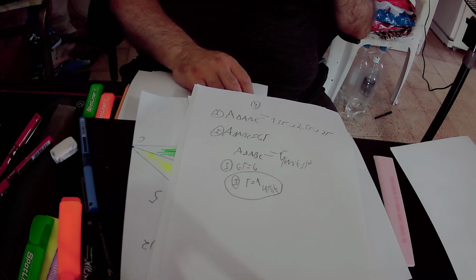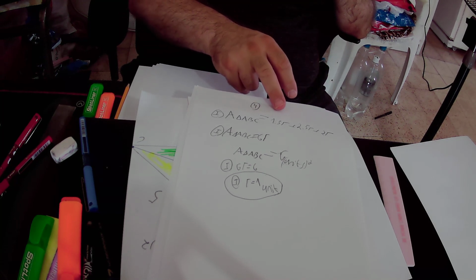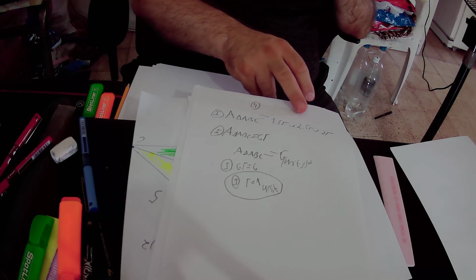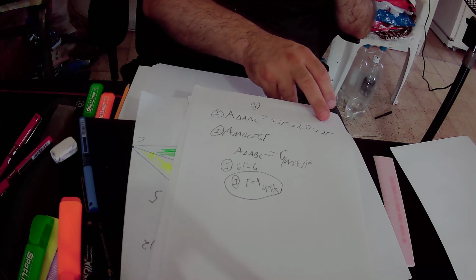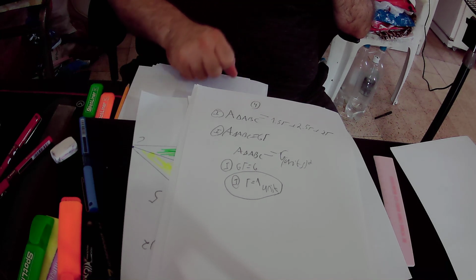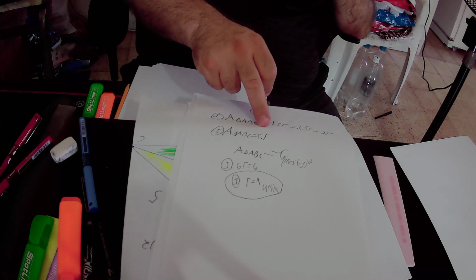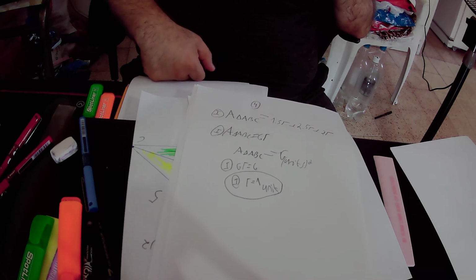So the total on this side of the equation is 1.5 plus 2.5 equals 4, and 4 plus 2 equals 6. So in total we have here 6 times the radius. So the area of the triangle ABC equals 6 times the radius of the circle.